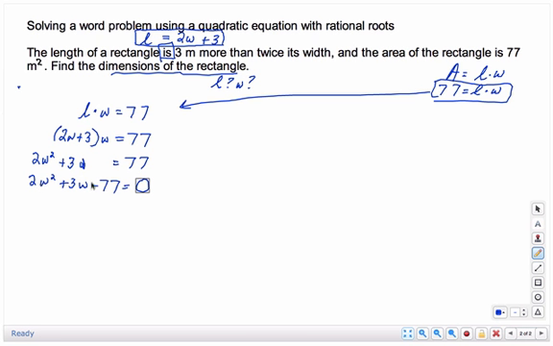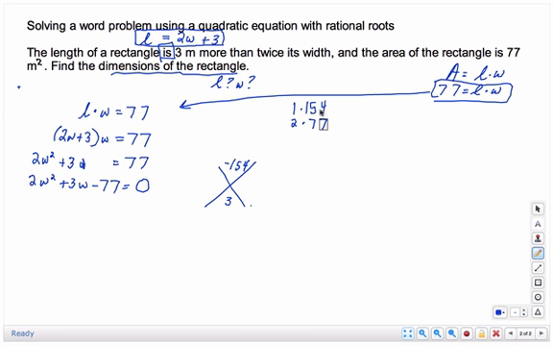So we multiply the 2 times negative 77 together, and that gives you negative 154. And we take our middle number, 3, and we're looking for two numbers that multiply to give us negative 154, but add to give us 3. So again, you can do this systematically. 1 times 154, you can divide that by 2, so we can write this as 2 times 77. You add up the digits 1, 5, and 4, that adds up to 10.